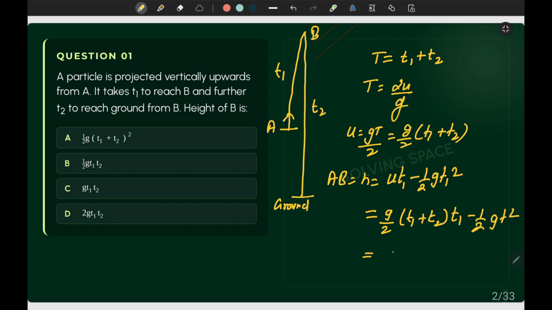Solving, the solution is 1 by 2 g t1 square plus 1 by 2 g t1 t2 minus 1 by 2 g t1 square. This and this cancel. Finally we get 1 by 2 g t1 t2. So our correct option is B.